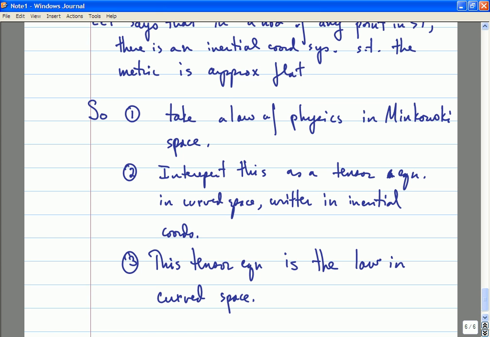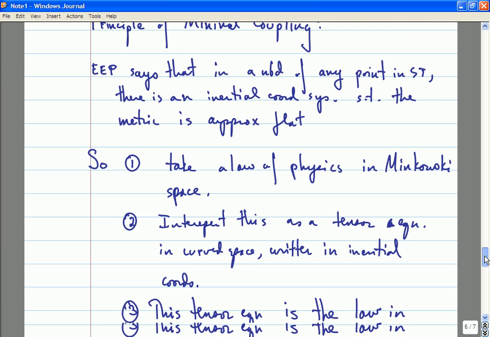That will turn the law into a tensor equation, and that'll be a tensor equation that is true in curved space-time. Let me make this a little bit more explicit, because as I've written it, the steps here are logical but a little formal, so it's hard to visualize exactly what I mean. So why don't I say exactly what I mean, and then I think it'll become a little bit more clear. What does this mean from a practical point of view?